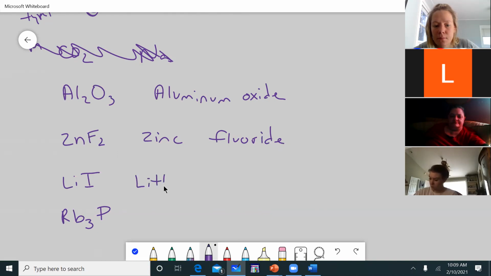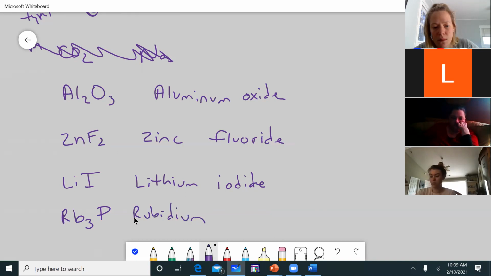Lithium iodide. Sounds kind of strange, but that is the correct pronunciation. And then we've got rubidium. And then it's phosphide.